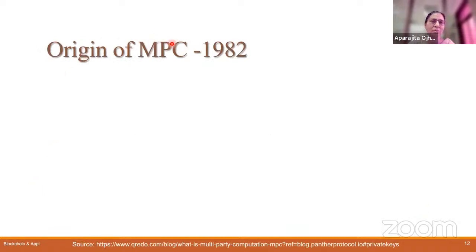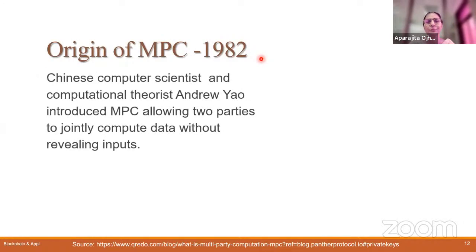If I look at the origin of multi-party computation, my dear friends, it was around 1982 when a Chinese computer scientist and computational theorist, Andrew Yao, introduced this concept of multi-party computation.